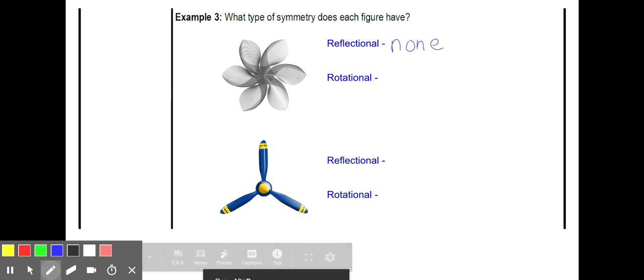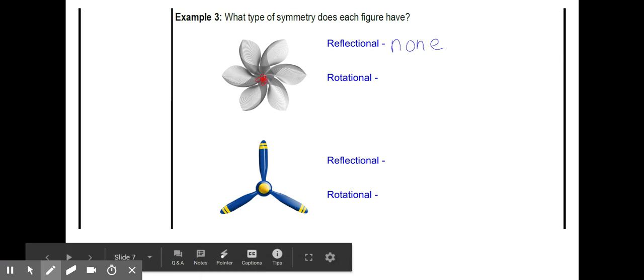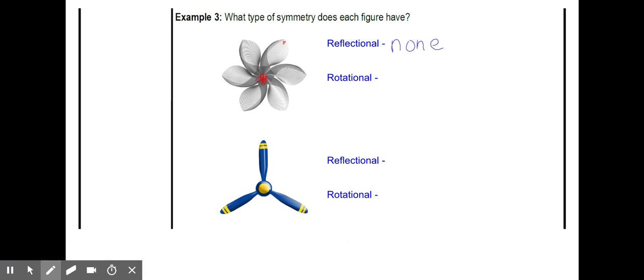It does appear to have rotational symmetry. If we look at our center of rotation and how many vertices there are, there's 1, 2, 3, 4, 5, 6. So we take 360 divided by 6, which gives us 60 degrees. So we know for sure there's a 60-degree angle of rotation.